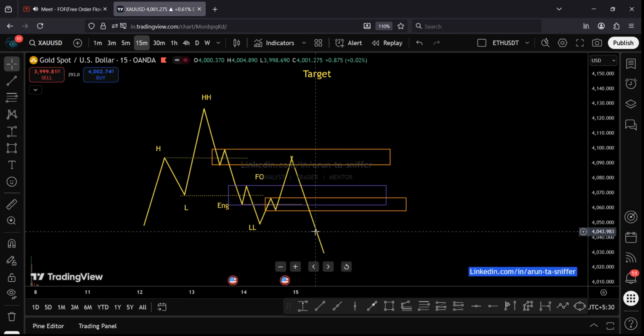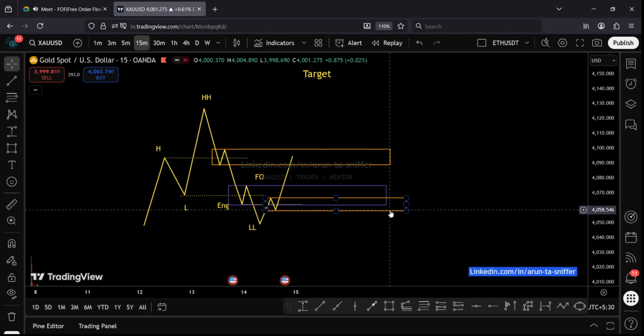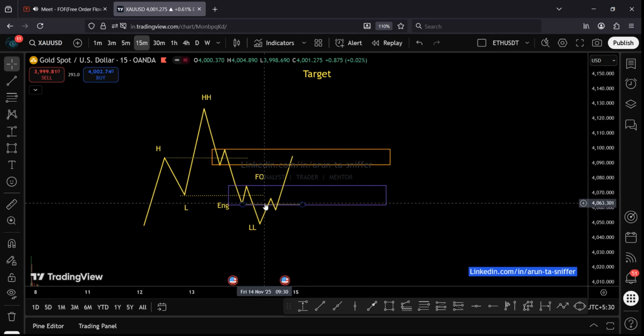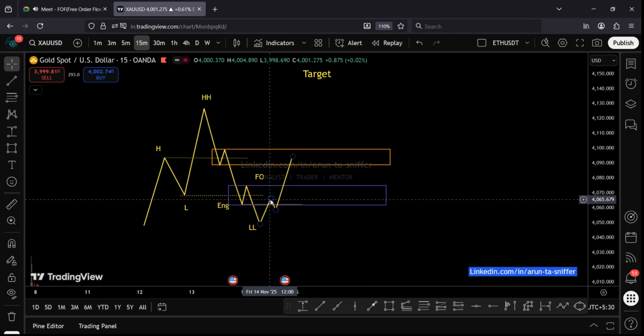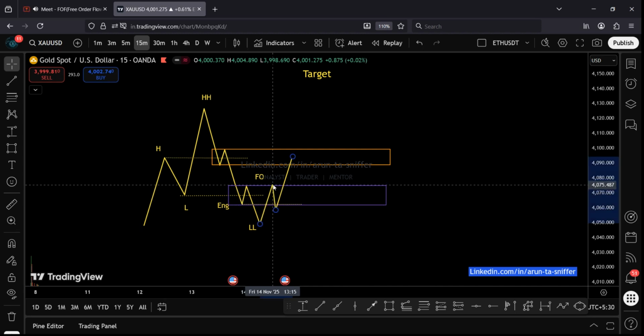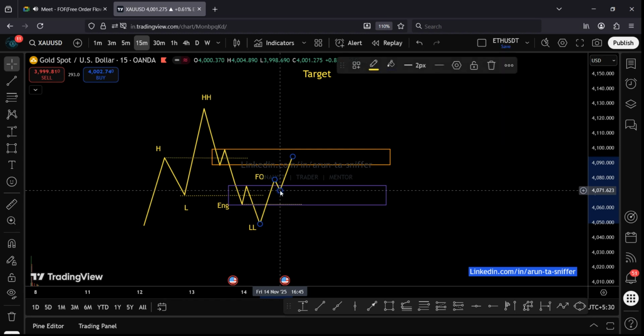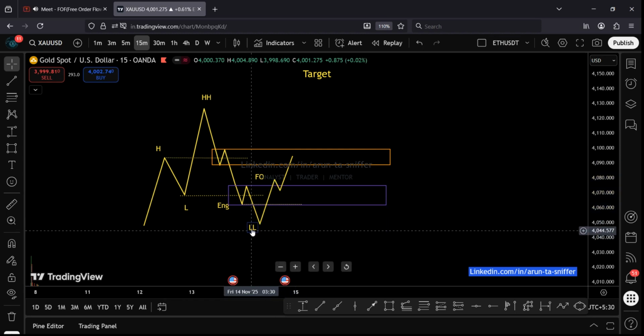if we look here, if we look from the move from this to this, right? It is also possible. It is also possible that price goes like this here and like this here, right? Yes.